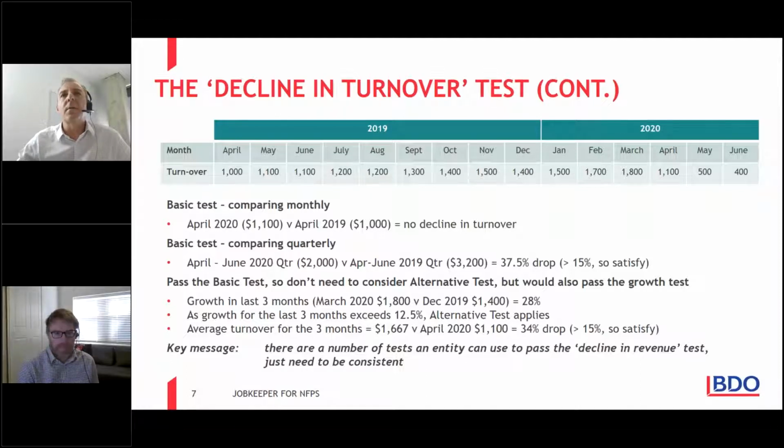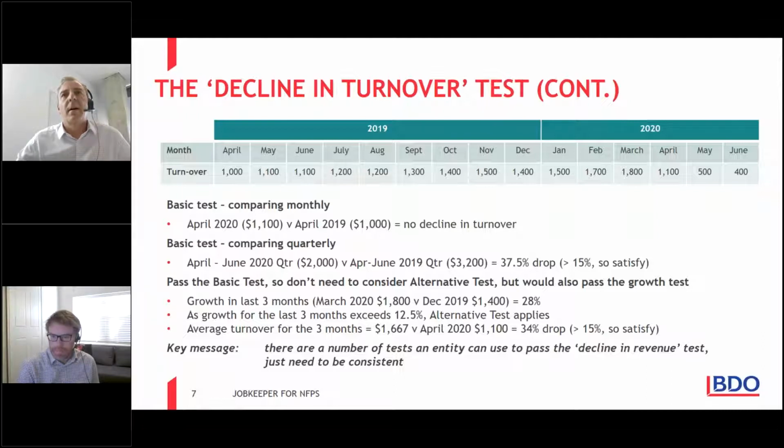Let's just have a look at the growth in the last 3 months, because what we can see is that in January, February, March, things looked like they were going really well, and then we started falling off. So what it asks us to do is to look at, did we have a 12.5% growth in the last 3 months before our test month? Our test month is April, so did we have 12.5% growth in January, February, and March? Now, all it says is test from the beginning of January.